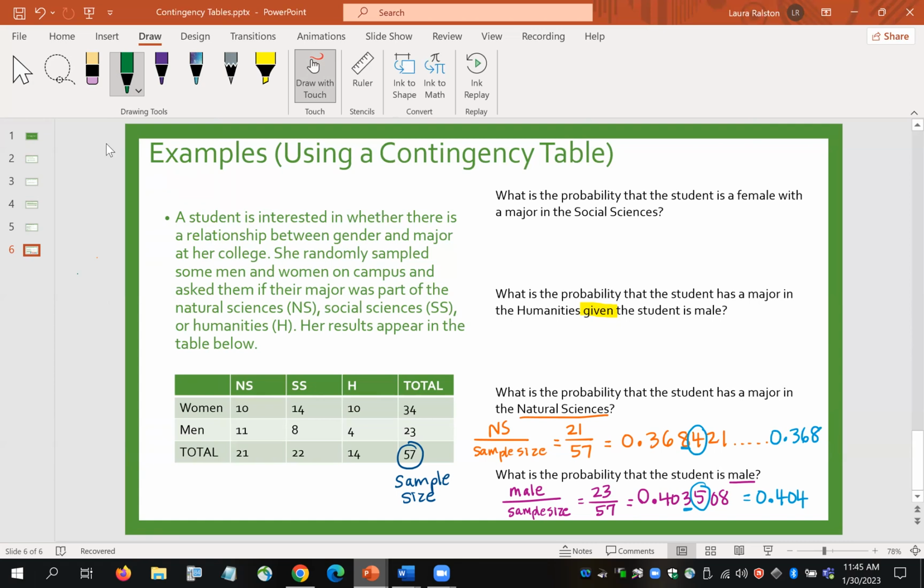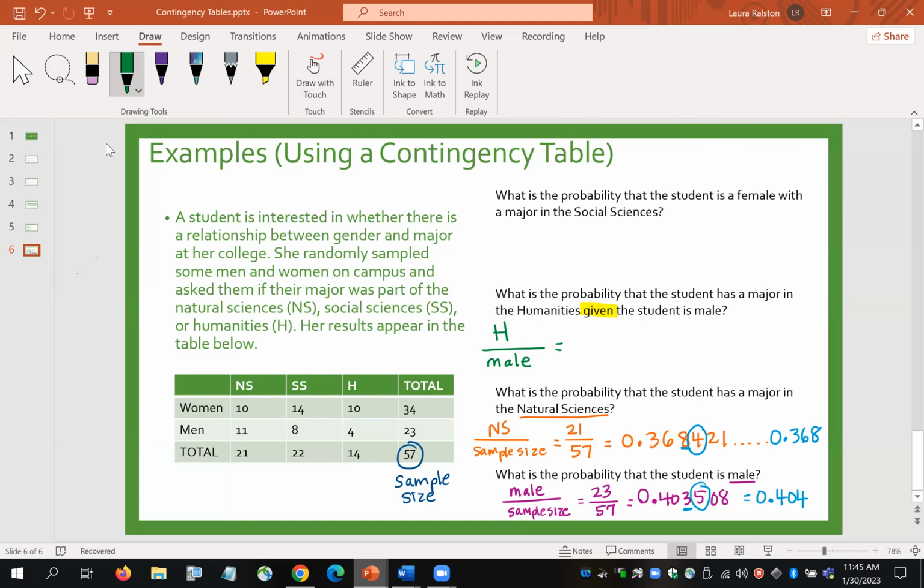So in this scenario, I know that I've selected a male. So I'm not worried about all of the other students. I'm only worried about the males, and I want to know if they're a humanities major. So the number of, I'm going to ignore the women. I'm going to ignore the total.